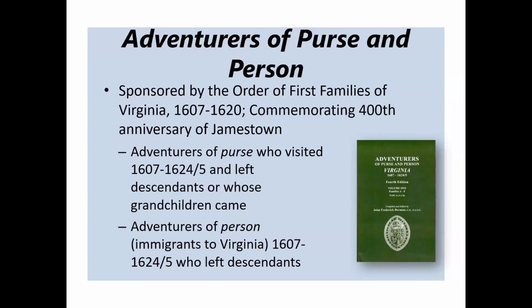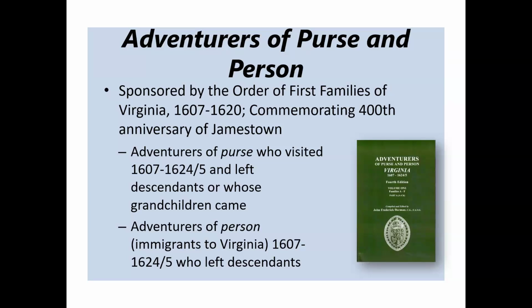Now, Adventurers of Purse covers those who visited between 1607 and 1624/5 and left descendants or whose grandchildren came to Virginia. The Adventurers of Person are the actual immigrants to Virginia from 1607 to 1624/5 who left descendants.